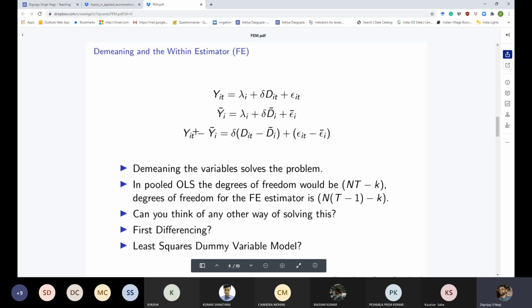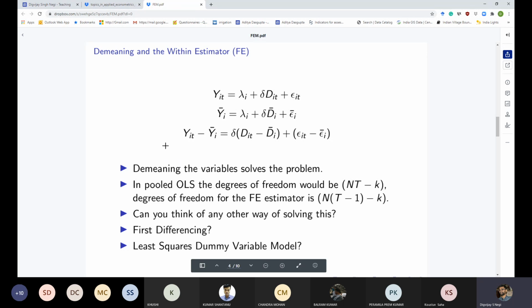And notice that since you have demeaned everything, both your dependent variable and your independent variable, the variation in outcome, or the treatment, that you have now is within individual i, because the average for each individual you have subtracted, right? So you have demeaned it, so the mean does not come into your variation.